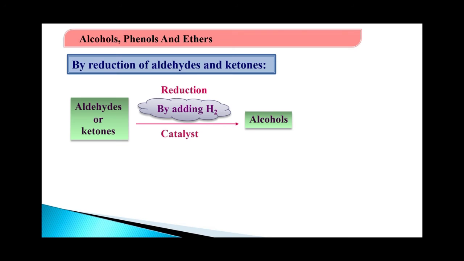Since we are adding H2, it is also called hydrogenation, and in the presence of a catalyst it is called catalytic hydrogenation. Remember, addition of H2 in the presence of a catalyst is referred to as a catalytic hydrogenation reaction.